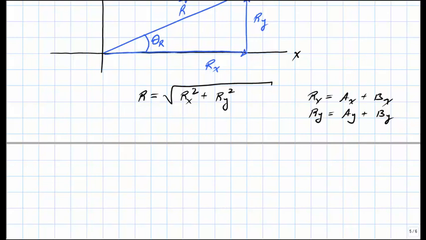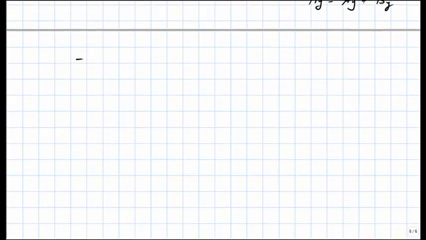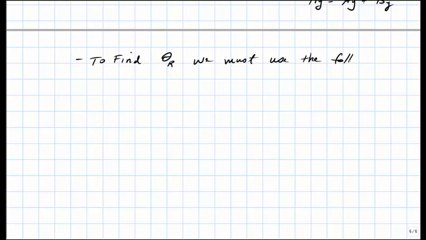So now the only question remaining is, how do we determine the angle, in other words theta sub r, which is the angle of the resultant vector r? Well, to find this angle, theta sub r, we must use the following procedure. Step 1.